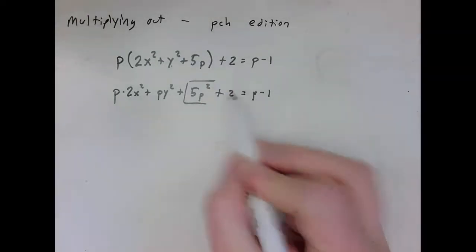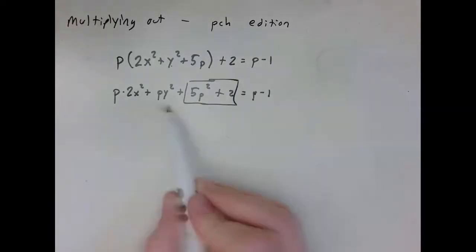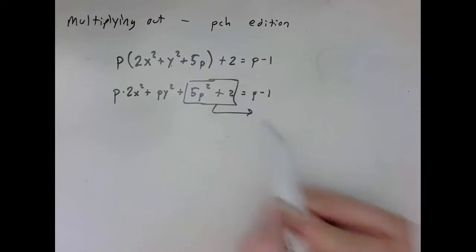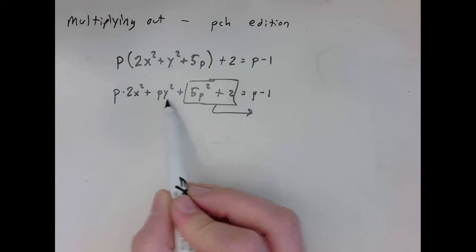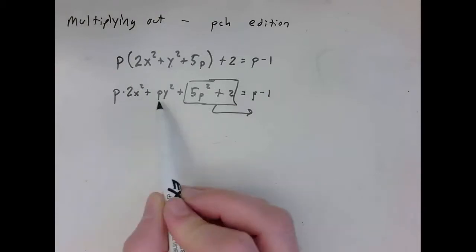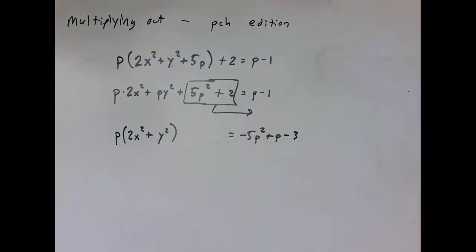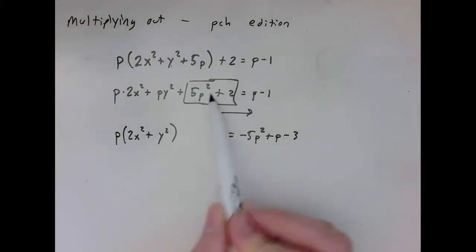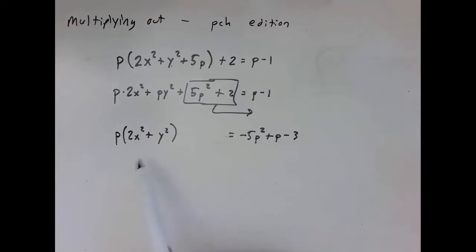So what I could do is I could move everything that doesn't involve x and y to the other side here. And then I could realize that on the left-hand side, both terms have a p, so I'd factor out the p again. So now you see I've done both those steps. I've subtracted 5p squared plus 2 on this side, and here I've factored out the p to produce this.